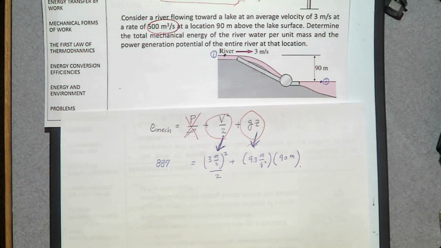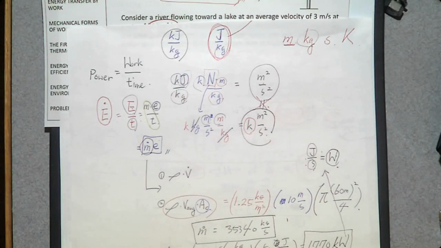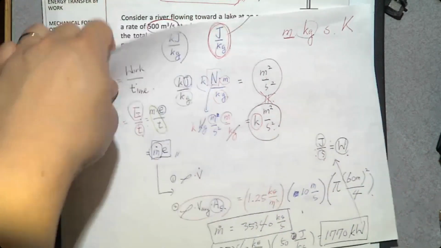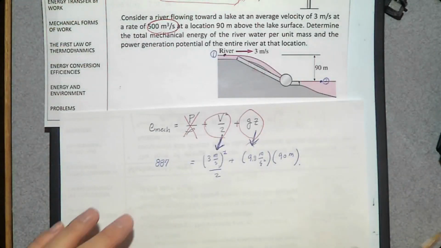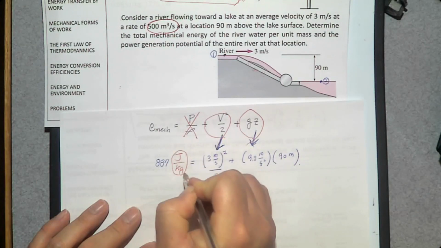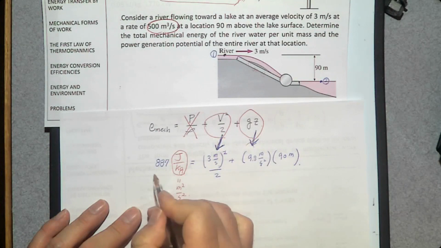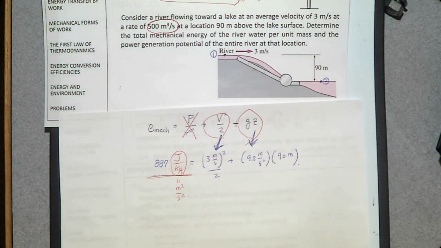Not anymore, because we know how to do a dimensional homogeneity. We learned that this one is the same as joule per kilogram. So I'm going to write joule per kilogram, which is the same as meter square per second square. So that is the specific mechanical energy.